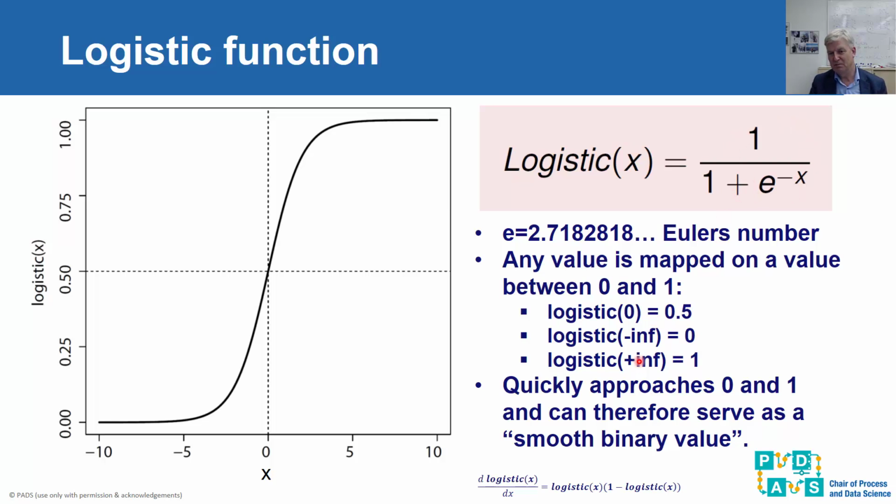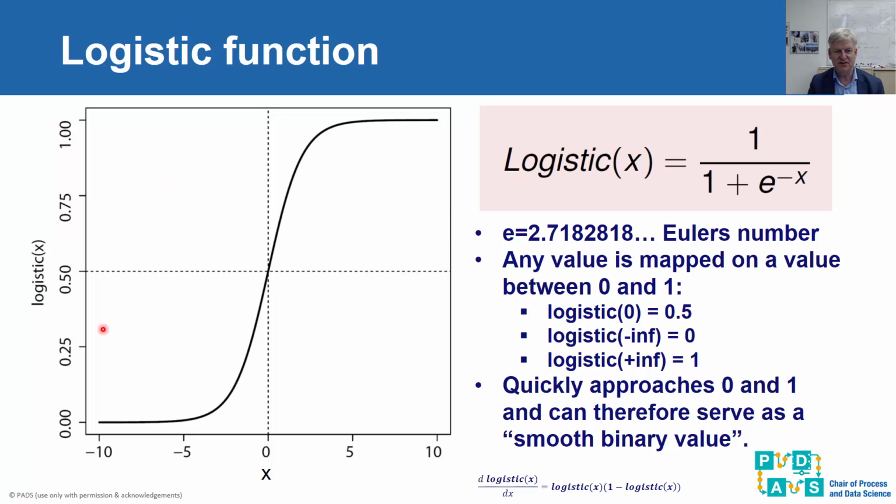If we go to plus infinity, we have the phenomenon that if we have a very large positive value, this term approaches 0, and we are reaching the value 1. So what these examples are showing is that we can have a variable on a domain from minus infinity to plus infinity, and we kind of squash it onto the domain from 0 to 1, where 0 corresponds to half.